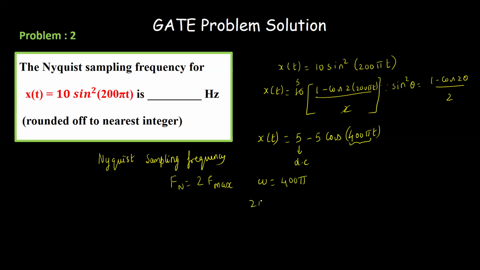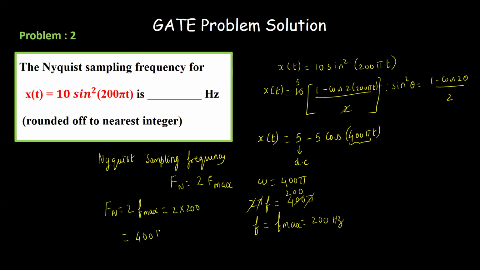We know 2 pi f is equal to omega, so 2 pi f equal to 400 pi. The pi will get cancelled, and 2 and 400 will get reduced, so f equal to f max equal to 200 hertz. Let me find the Nyquist sampling frequency Fn, that is equal to 2 f max, which is equal to 2 into 200, that is 400 hertz.